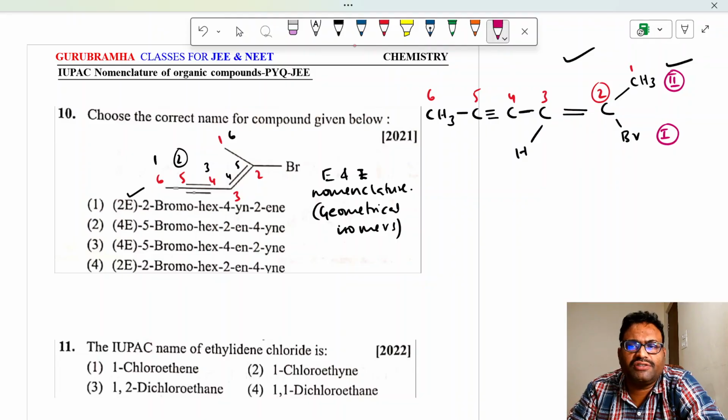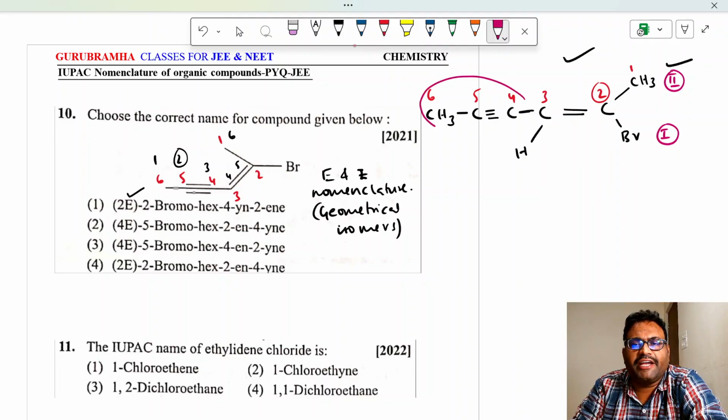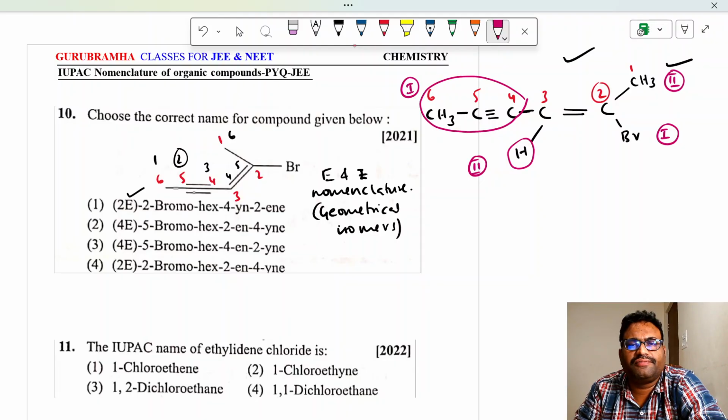Bromine atomic number is more than carbon. Hydrogen atomic number is only 1. Carbon atomic number is 6. So this group has high priority, this group has less priority. So priority 1, this is priority 2, according to CIP rules.